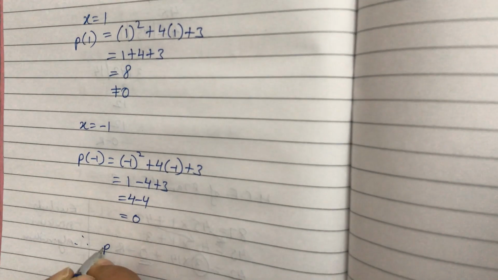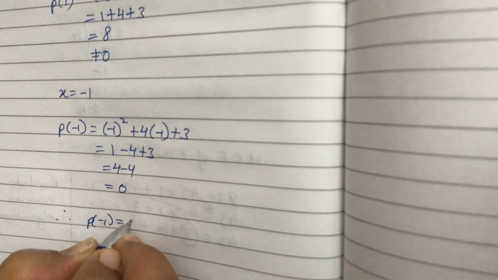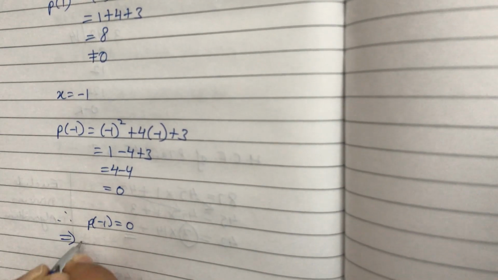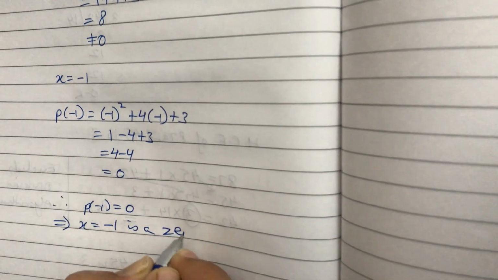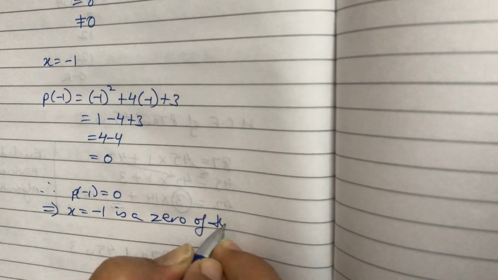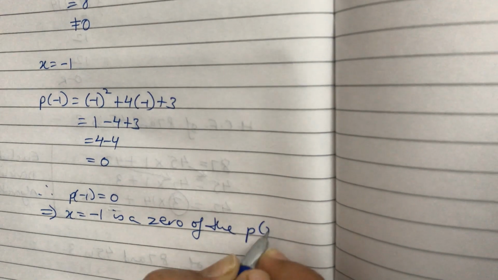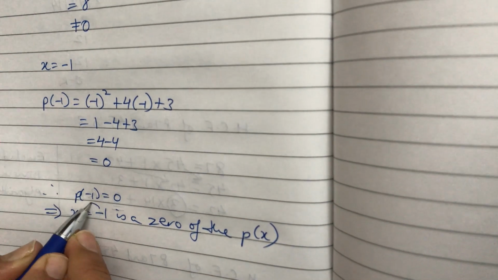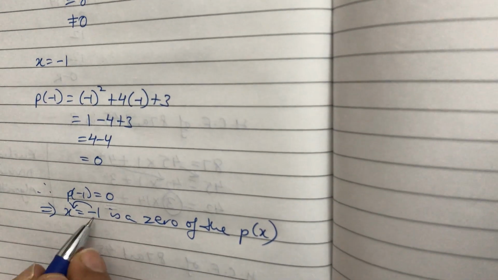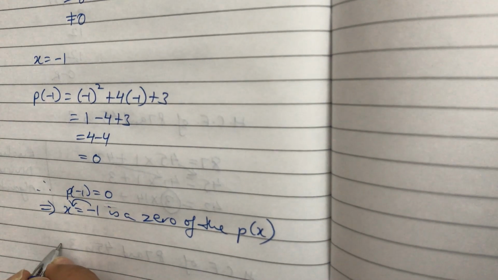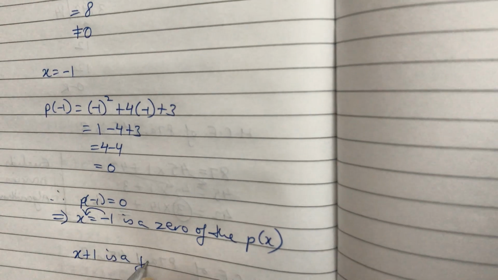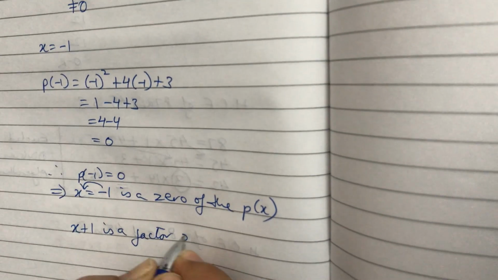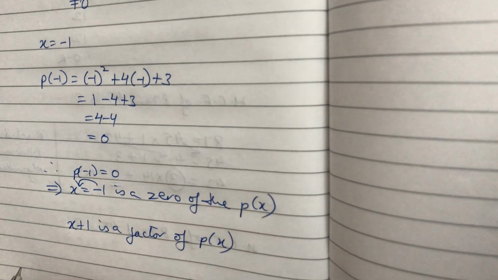Therefore, p(minus 1) is 0. This implies x equal to minus 1 is a 0 of the polynomial p(x). Let us transpose the minus 1 over here. When we transpose the minus 1 over here, x plus 1 is a factor of p(x).